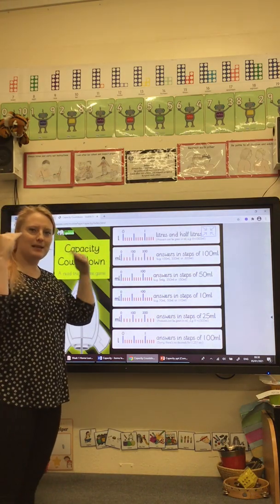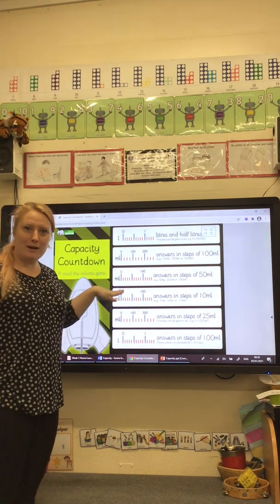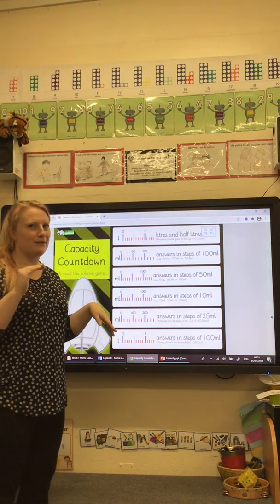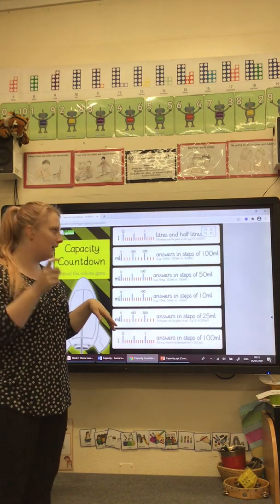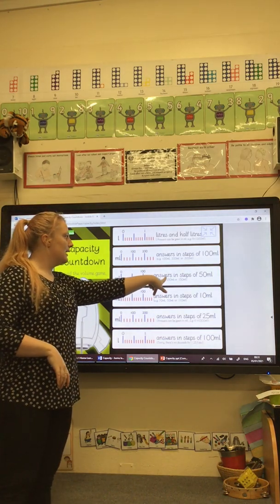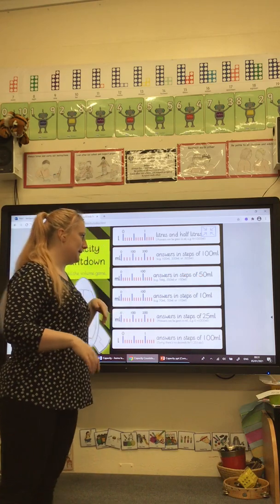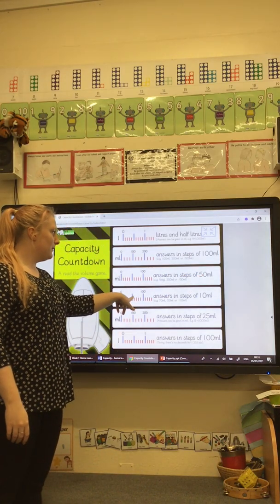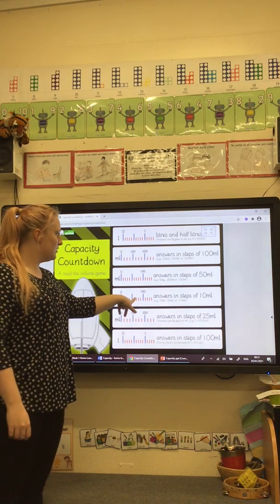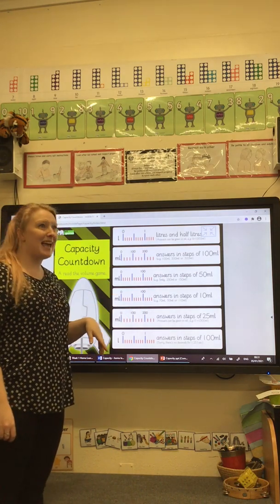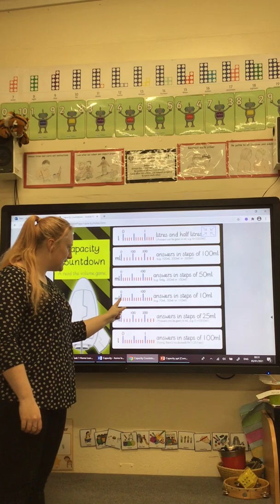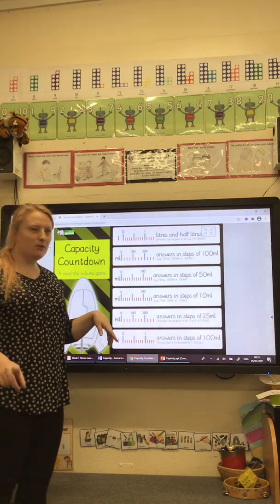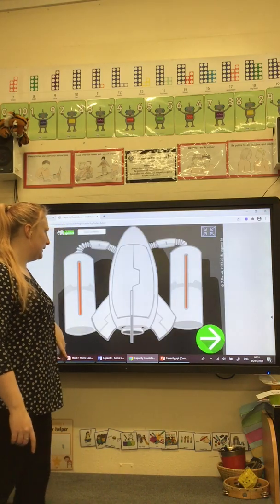If we do it in steps of 100, it will always land on a number. If you're feeling brave and you want to have a go at doing those ones in the middle of the line, then you might have a go at doing the answers in steps of 50 millilitres. If you're wanting an extra challenge, you could have a go at doing it in 10 millilitres. So each of these little lines is 10 millilitres. So for now, we're going to start with 100 millilitres.